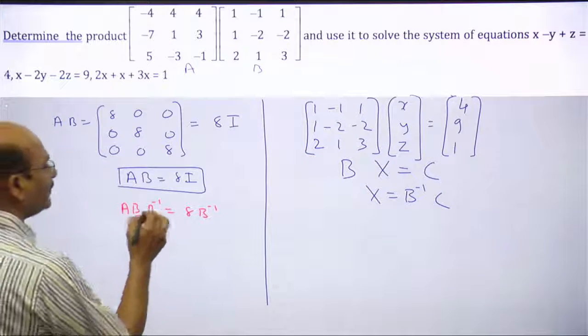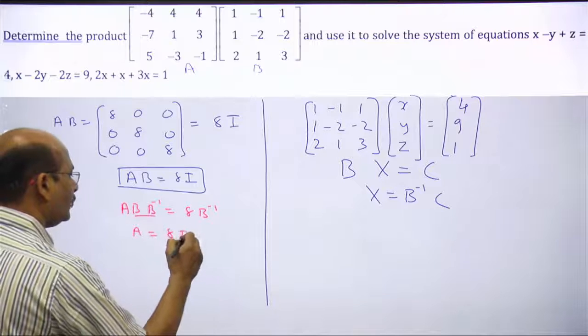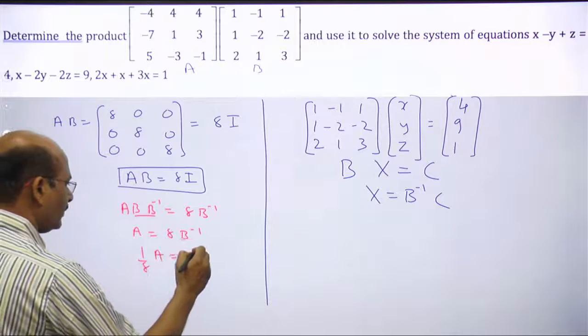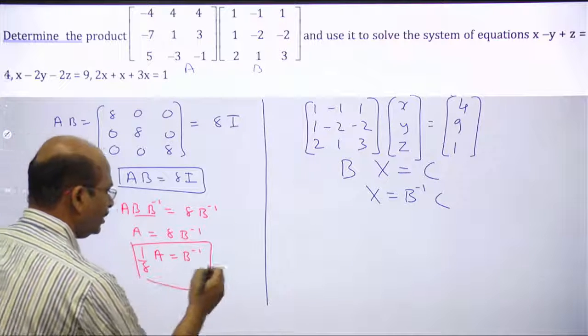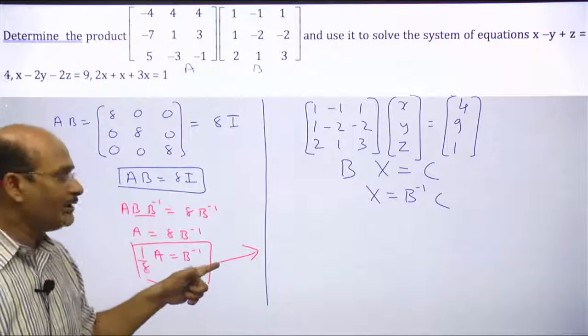B into B inverse is I. So A is equal to 8 B inverse. So 1 by 8 A is equal to B inverse. That's the result you are going to use over here.